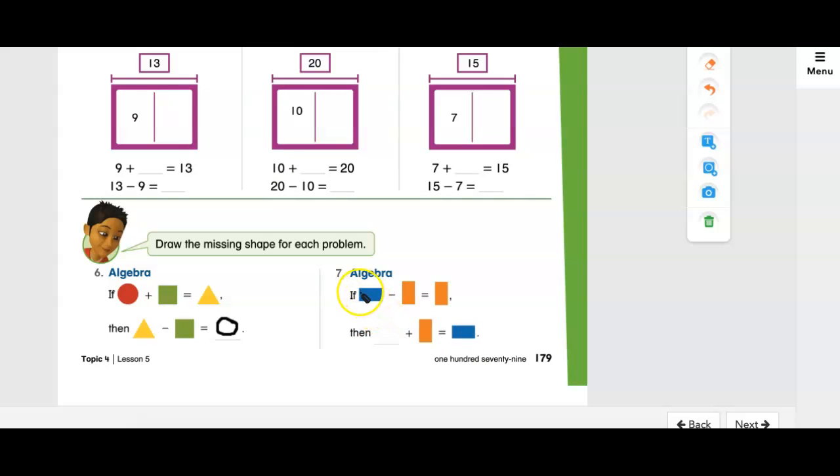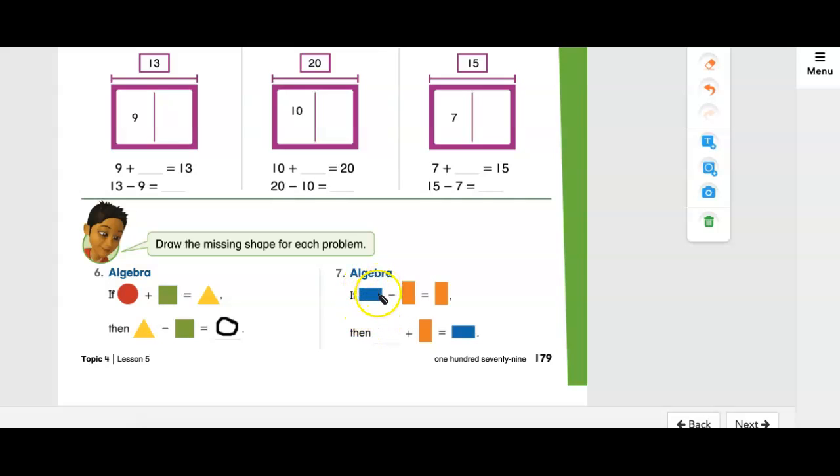Notice how the blue rectangle is horizontal and the orange rectangles are vertical. So in our first equation, we had one blue rectangle and two orange rectangles. In our second equation, we have one of each, one orange and one blue. So what type of rectangle is missing from problem number 7?